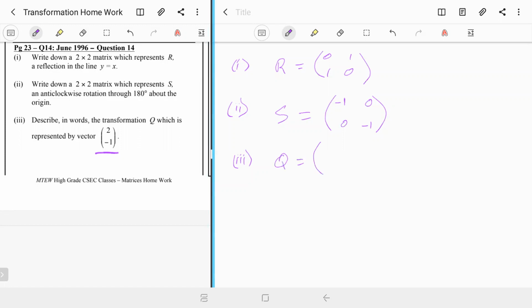Q equals (2, negative 1) represents a translation. Give them the name of it: translation.